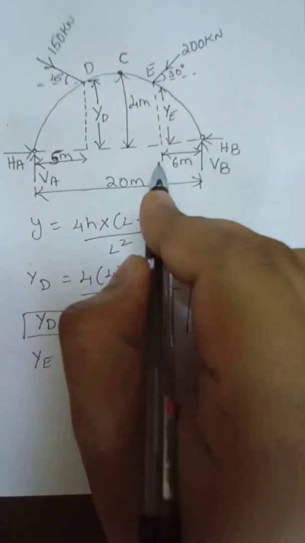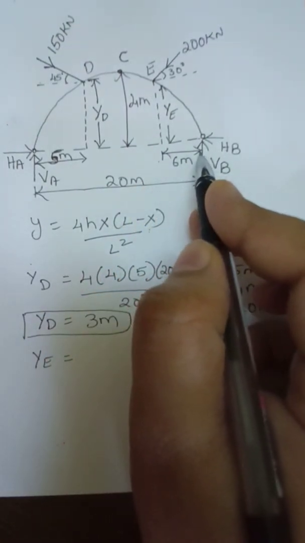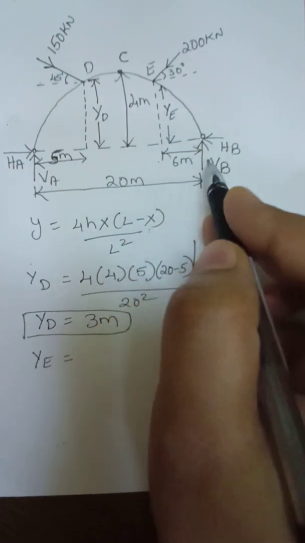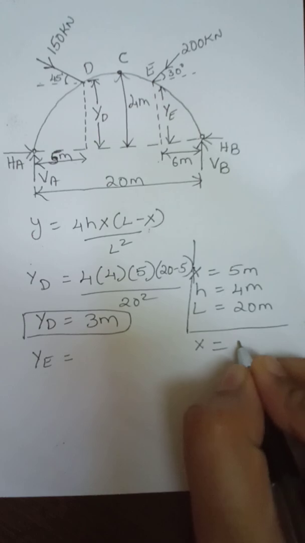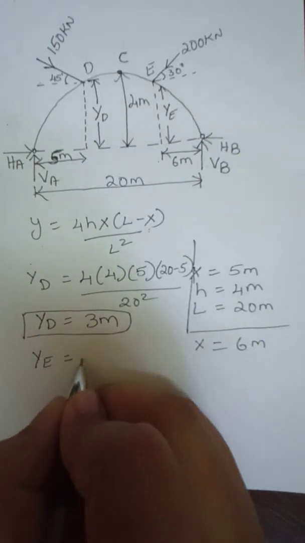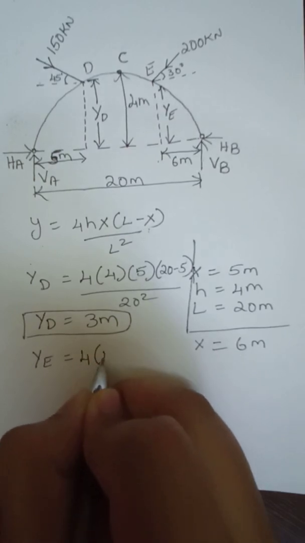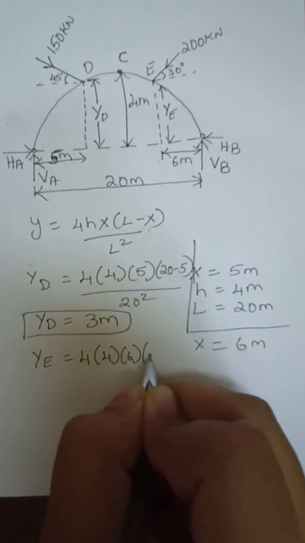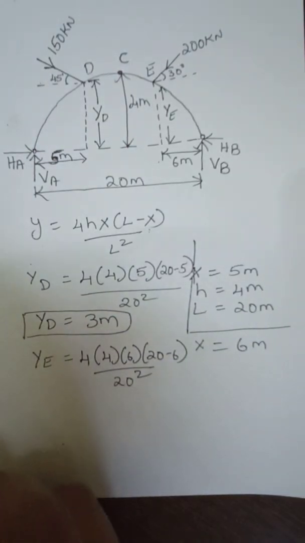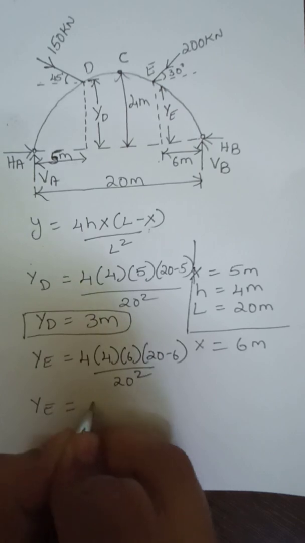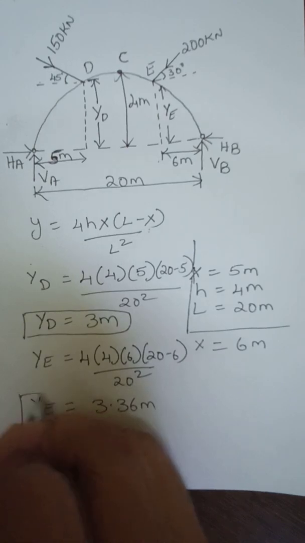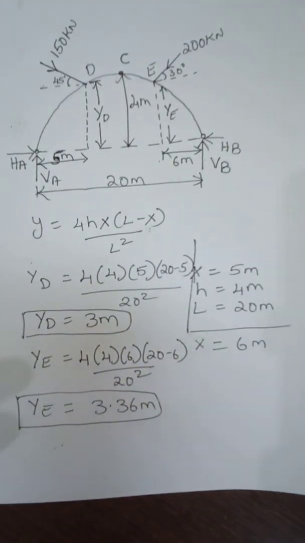Here x is the horizontal distance between the loaded point and the support, which is 6 meters. h and L remain the same. So 4 into 4 into 6 into (20 minus 6) divided by 20 square. After simplification, I get the value of YE as 3.36 meters.